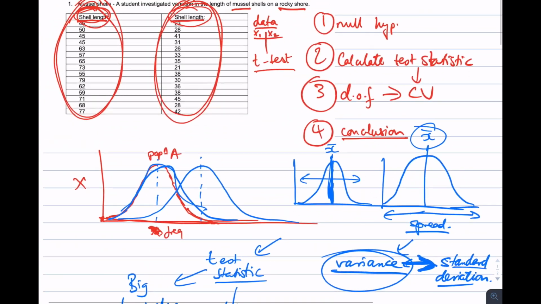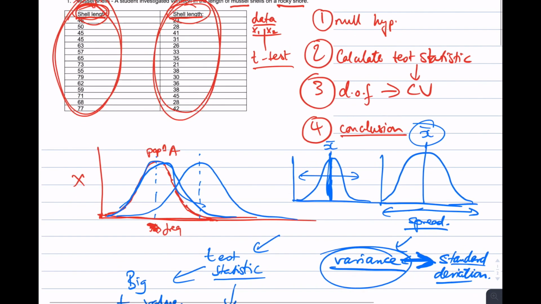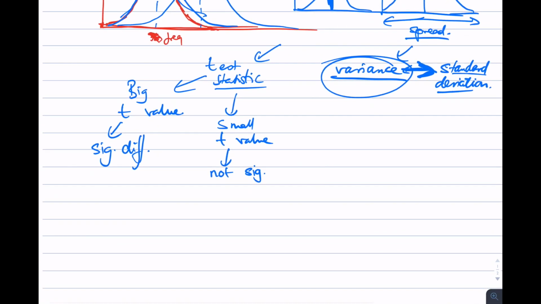And now let's clean all this up and start looking at the calculations. Let's just have a look at the equation for t, because that's going to explain the steps that we'll have to go through. I haven't memorized this, I'm going to have to copy it. But the t value is calculated by the following.